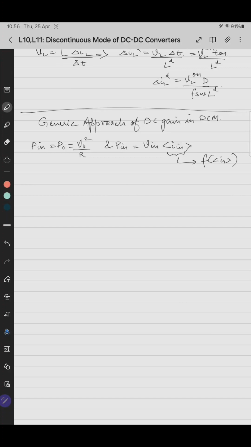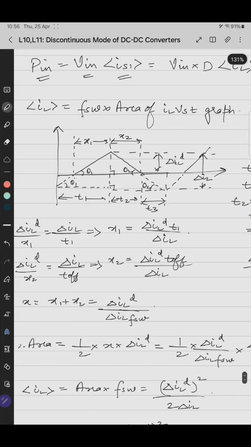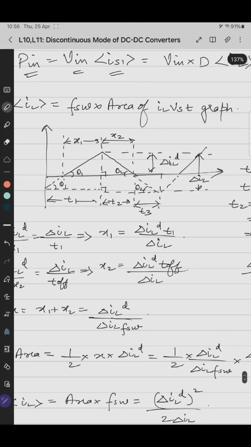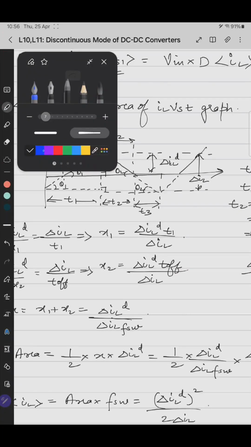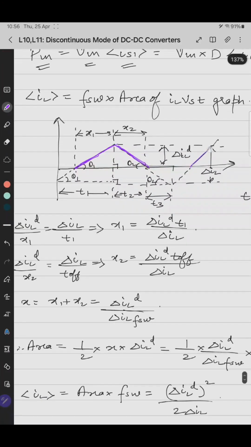Okay, so for doing that we'll refer to this waveform. This is the inductor current, this triangle one in DCM mode. Now as you know, as I said, there can be two reasons for the discontinuity. First thing is insufficient inductance, and second thing is insufficient load.